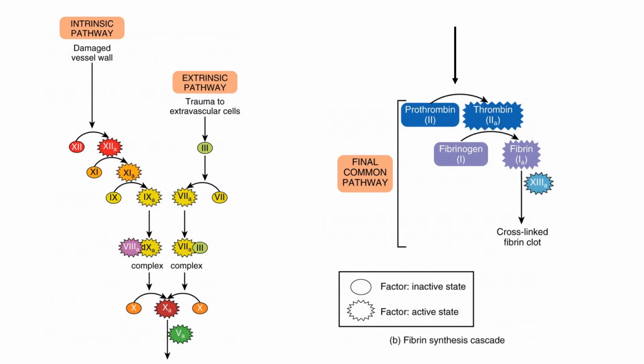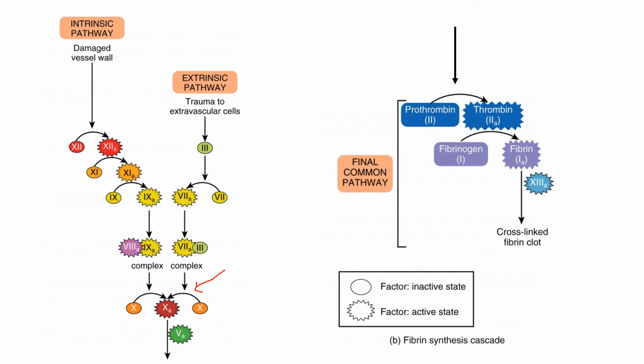And then you also have the other one, the extrinsic pathway, or the trauma to extravascular cells. So there you have your clotting factor 3, and then clotting factor 7 will be synthesized by the clotting factor 3 to become 7A. Okay, and then as you see on the image here, there's actually a joining complex from the intrinsic and the extrinsic pathway.